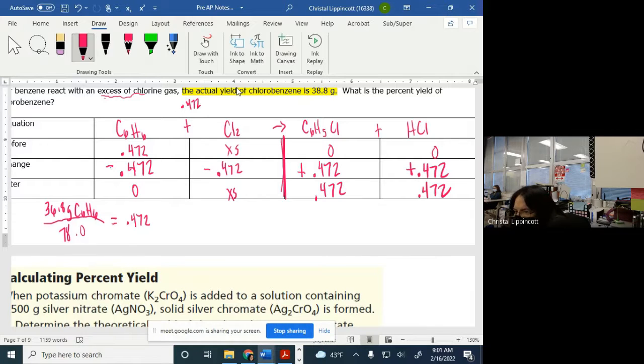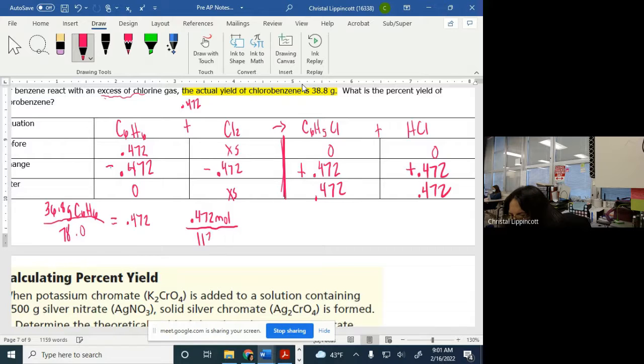So now they're talking about the chlorobenzene. So I'm going to take this mole value. I'm going to divide by the molecular mass of this. So 72 plus 5 for my hydrogen plus my chlorine gives me 112.5.